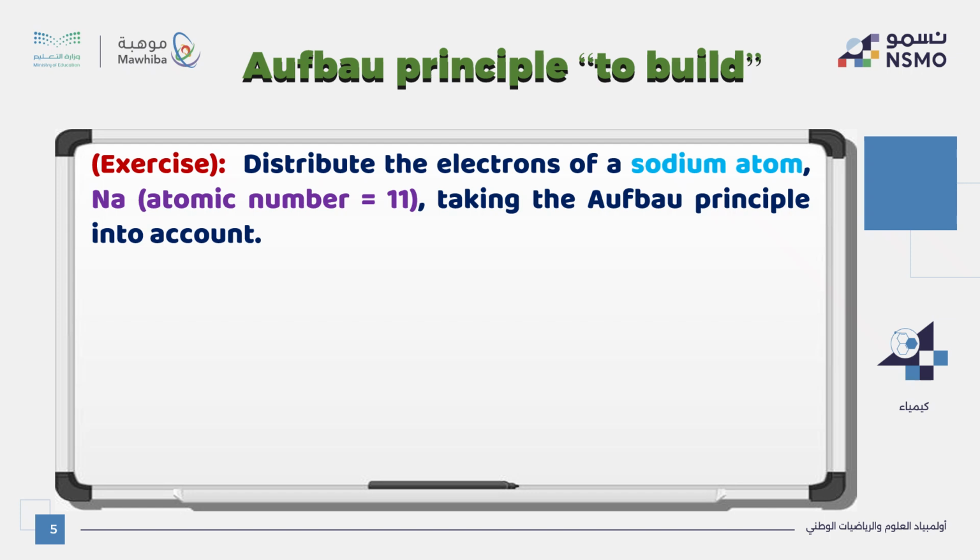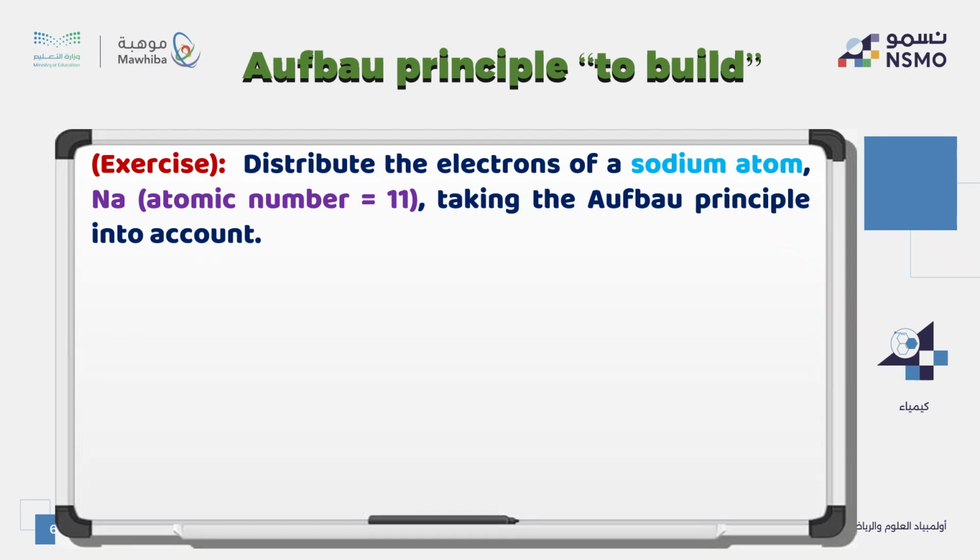Distribute the electrons of sodium, atomic number 11, taking the Aufbau principle into account. Sodium has an atomic number of 11, so it has 11 electrons.